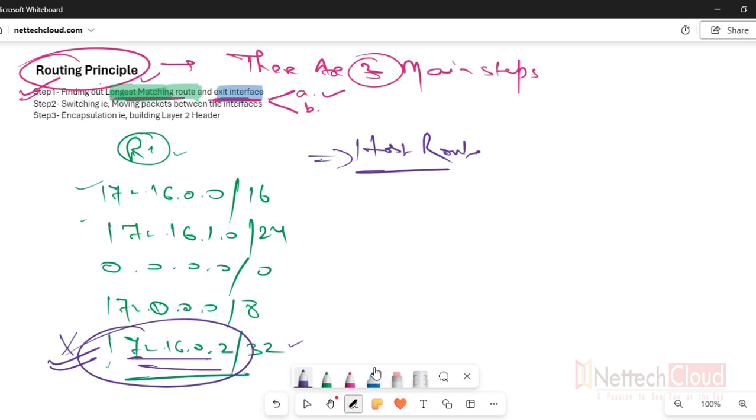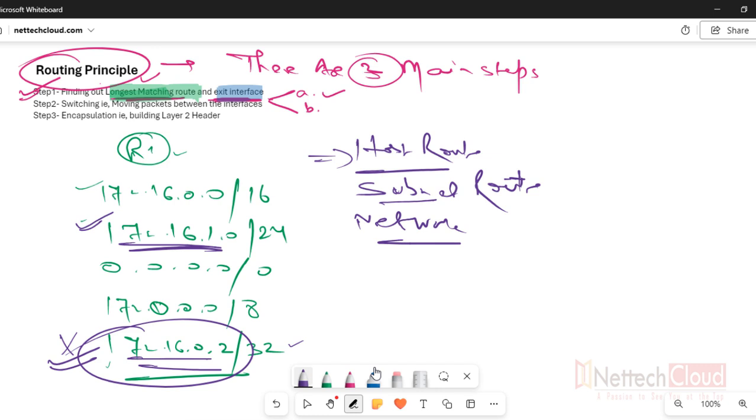In case there is no host route here, then the next best available path would be the subnet route, right? And if there are multiple subnets, then larger subnets, maybe subnets if aggregated, networks.